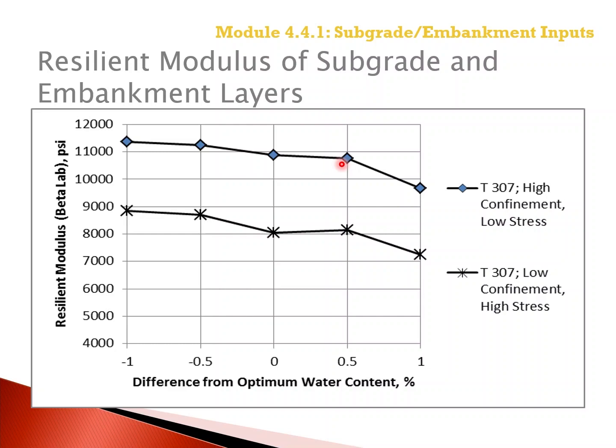And if 95% maximum dry unit weight is the value, then the test specimen should be compacted to 95% of its maximum dry unit weight at the average water content that is expected for the in-place material at the time of construction.